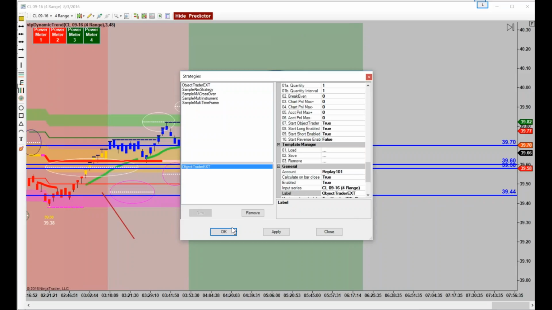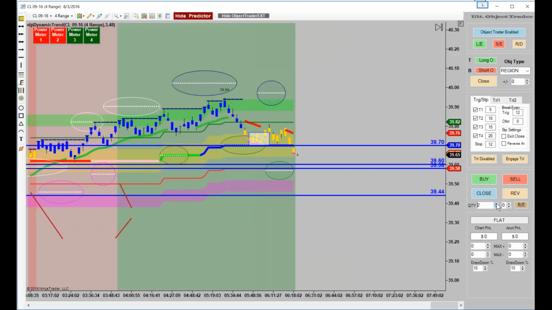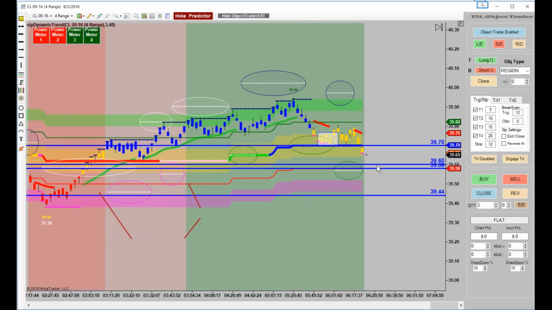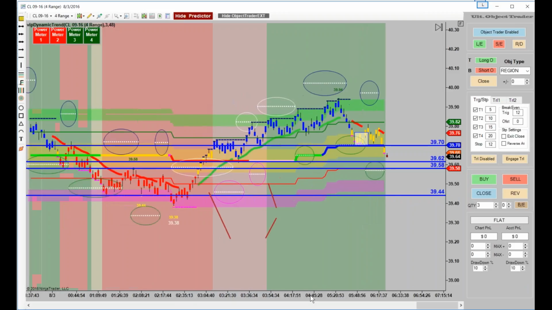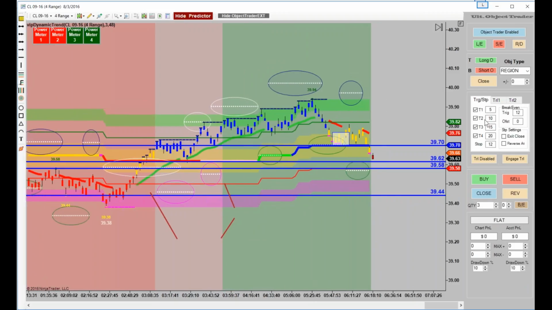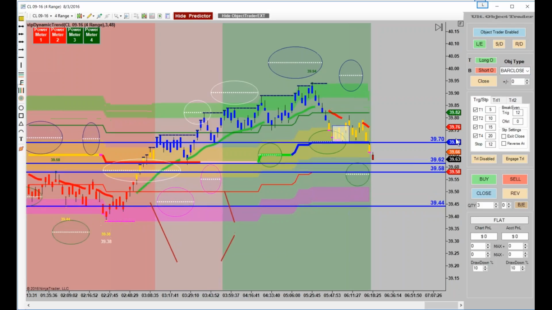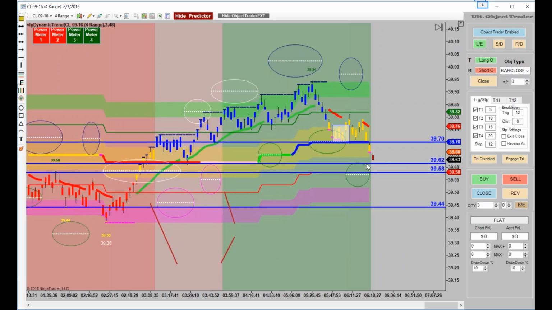Got to put old OT on the screen. See that predictor right there? Now that's pretty close to my 58 to 61, isn't it? Didn't quite get there just yet.